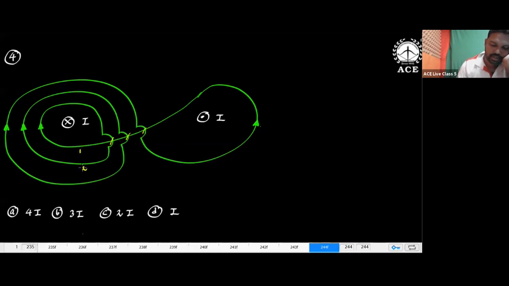Call it 1, 2, 3, and then 4. That is how you need to approach. What is the corresponding field here? The current is going inside, beta, so the magnetic field direction is like this. Here it is like this.